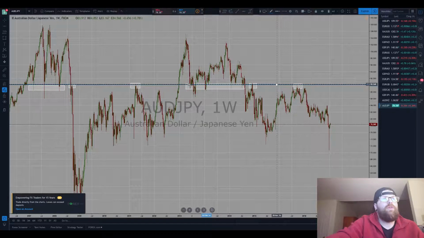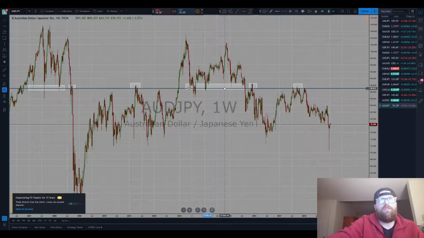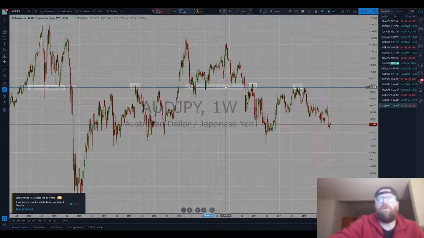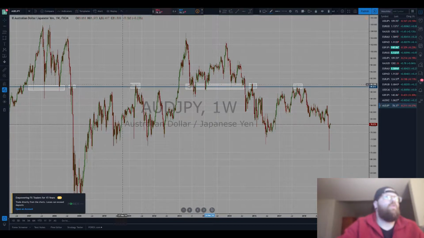So like 90.2 would be about the top, and I'd say probably around 89 would be about the bottom of this, maybe a little bit lower. Maybe 88.5 would be about the lowest that you wanted to go. But we'll keep it right at 89.5, somewhere in that range, for this demonstration purpose. So that's just one support and resistance level.